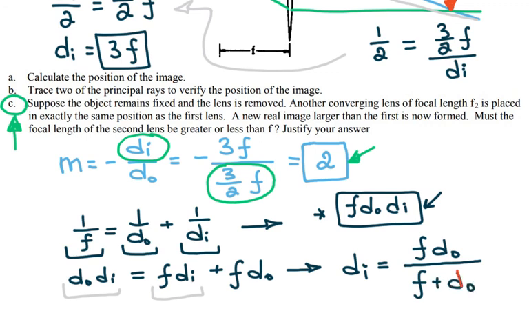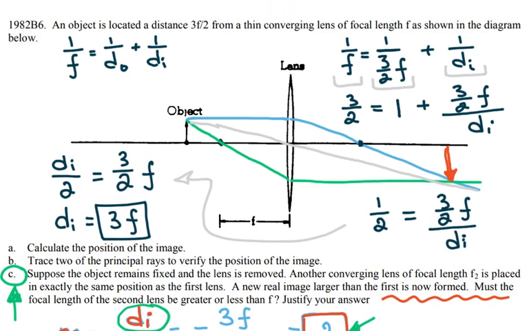Because dO did not change, the object is placed in exactly the same position, but di must have increased in order to give me the larger magnification. So this number would get larger, as they say in the second case. Then my focal length must have increased. So the focal length of the second lens must be larger than the focal length of the first lens.